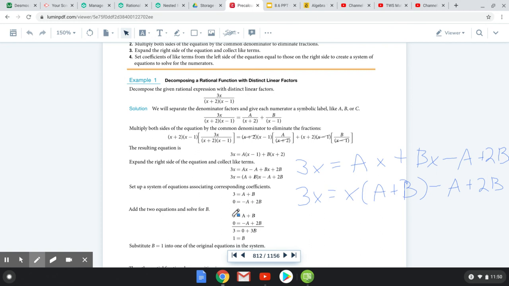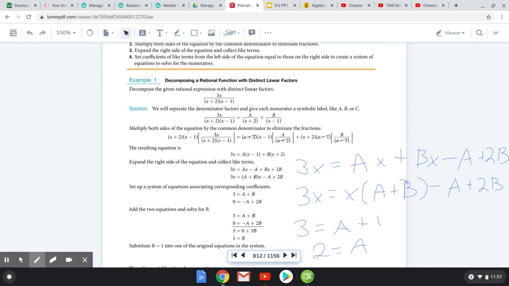We can plug that back into either one of these. So if I have B equals 1, I have 3 equals A plus 1. If you subtract, then I have 2 equals A. So I have B equals 1 and A equals 2. Remember, the whole point of this was to figure out what fractions would equal our original fraction.